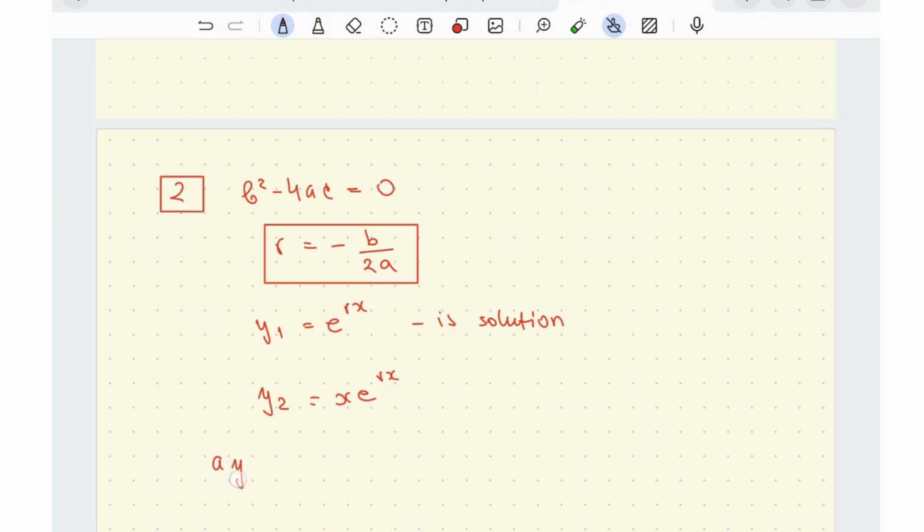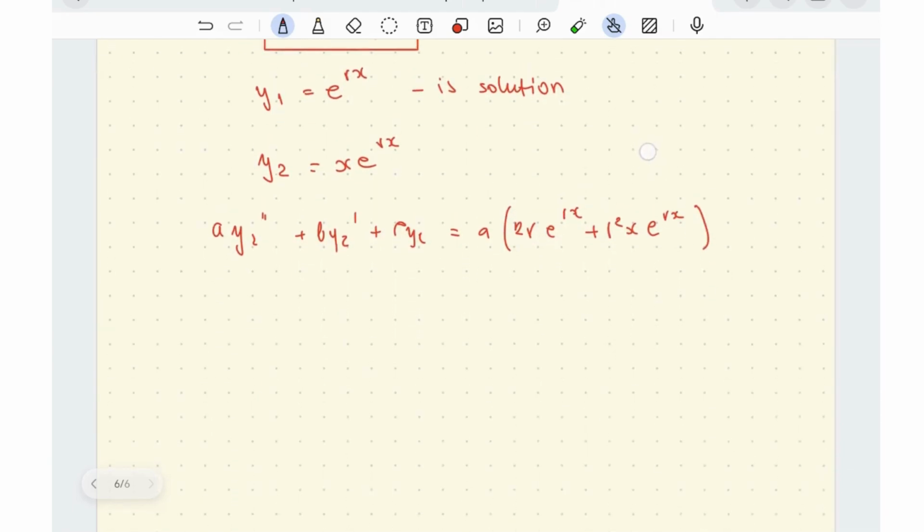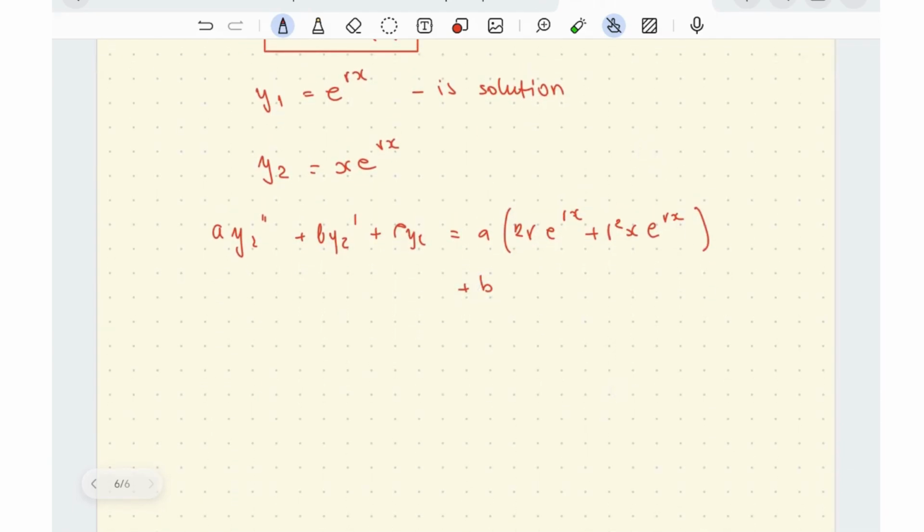So we plug it into the equation. We take the derivative, plus r squared x e to the power rx, plus b times e to the power rx plus rx e to the power rx, plus cx e to the power rx.